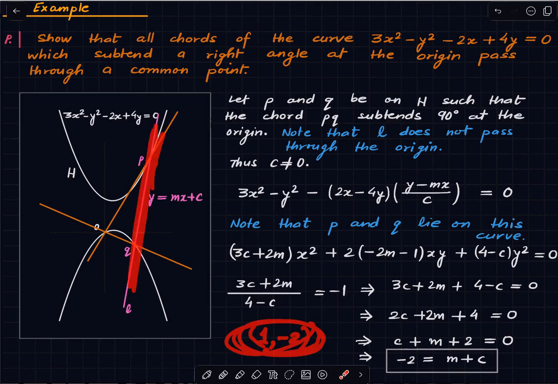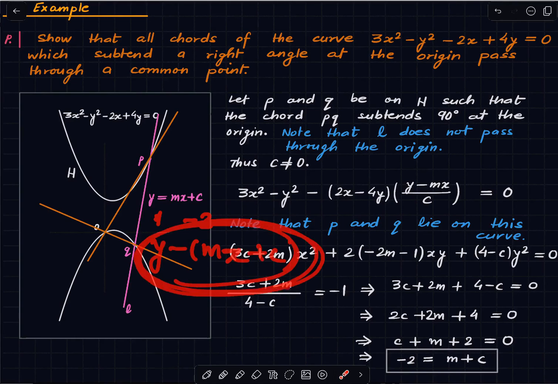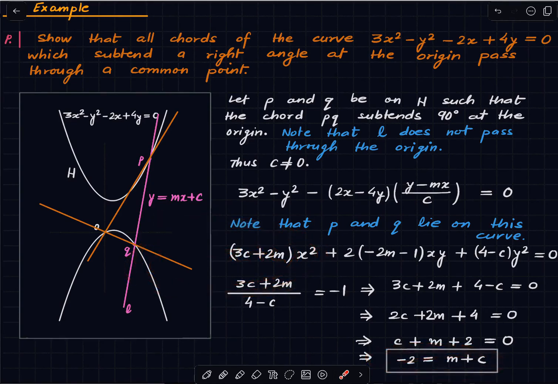Because if you substitute 1 and -2 in place of x and y in this expression, you get that this is 0 because of this equation. So howsoever you justify it, this just implies that this line passes through the point 1 comma -2. And this is true for any line, since all that we assumed was that these 2 points subtend an angle of 90 degrees at the origin.